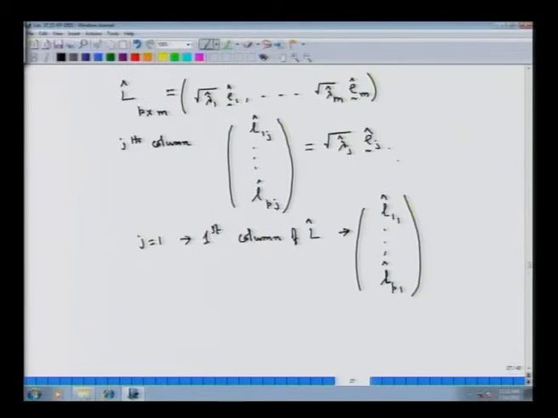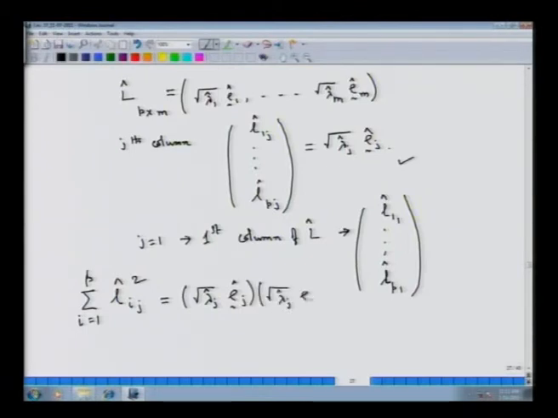So, in general, if we consider any j as in here, this summation, L_ij hat square, summation i equal to 1 up to p, that is the squared norm of this particular vector, is going to be given by root over lambda j hat Ej hat, this multiplied by its transpose.